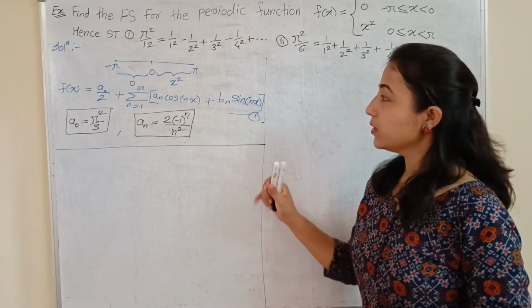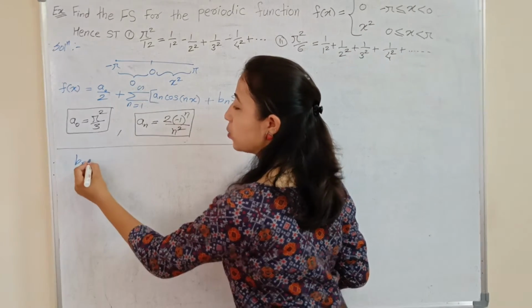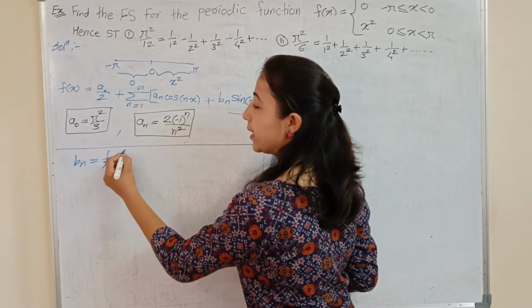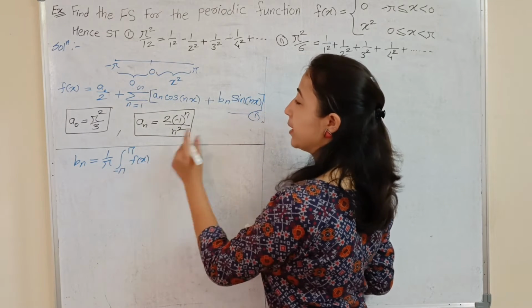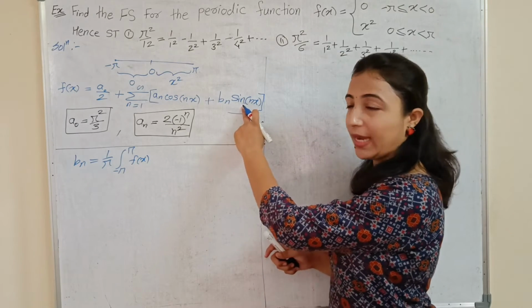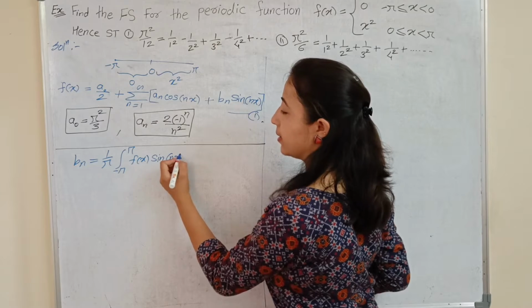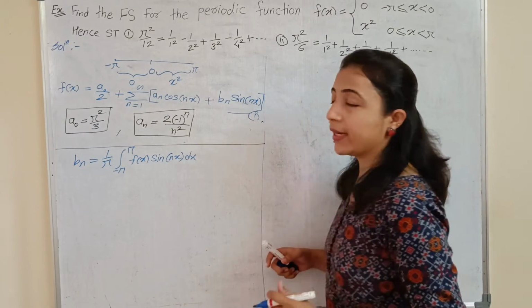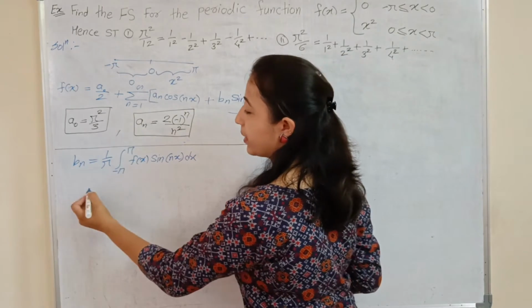The next constant is bn, and the formula for finding bn is 1 upon pi integral from minus pi to pi of f of x into sine nx dx. Now again put the value of the function, and to do that this integral we have to break in two parts.